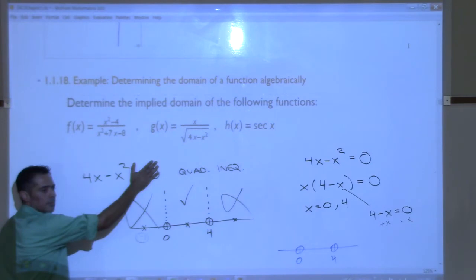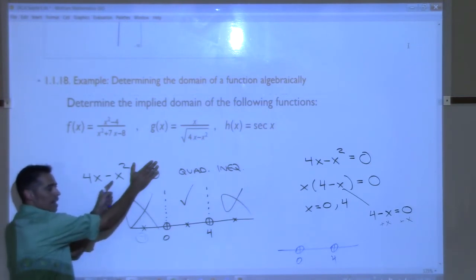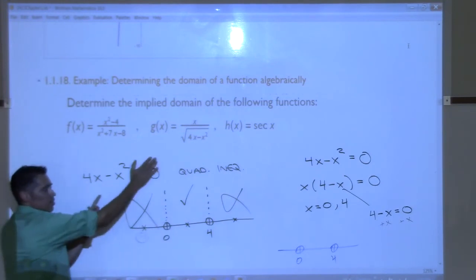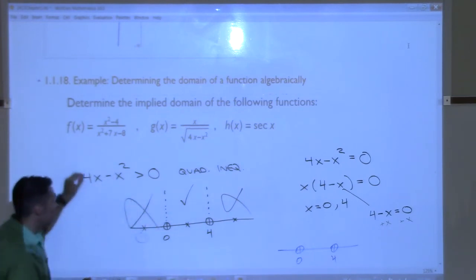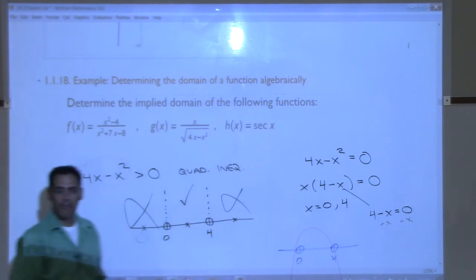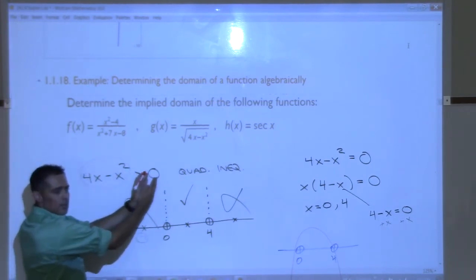Quadratic. Which way does it open? Down, right? This is a downward opening parabola because there's a negative on the x squared. And those two numbers, 0 and 4, are the x-intercepts of that function, right? If I were to look at that as a function. So if I were to ask you to graph this, you know it would look like this, don't you? And aren't you asking then when that graph is bigger than 0?